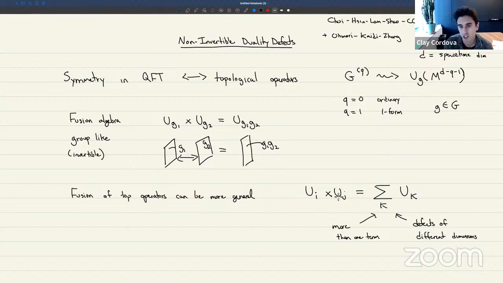So this fusion algebra, whatever kind of structure it is, can mix up all the topological operators of various different dimensions. And we'll see how that can work practically speaking. So this kind of more general fusion algebra is sometimes called non-invertible, to contrast it with the invertible case that I described above.